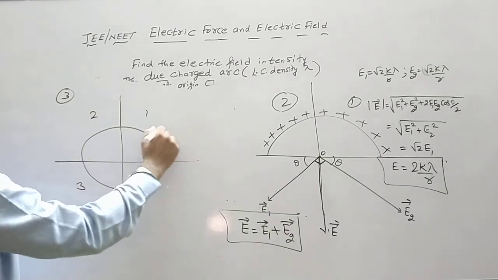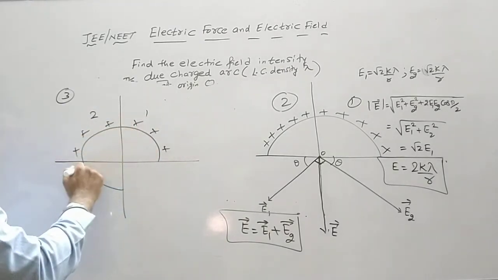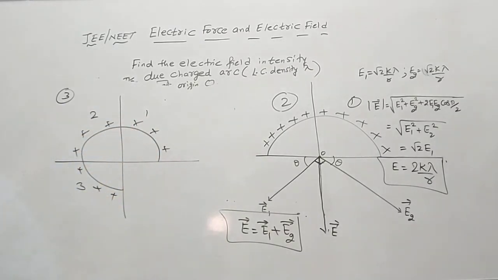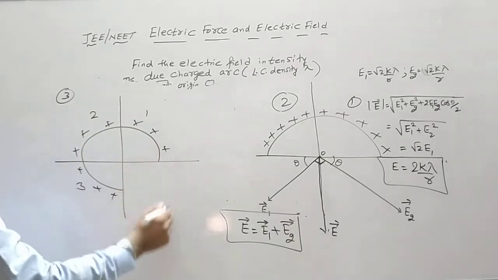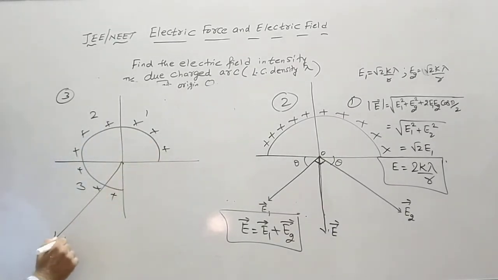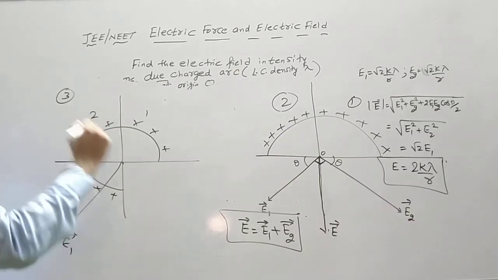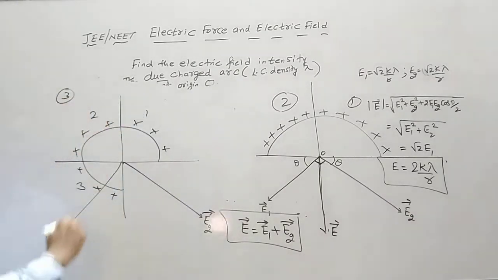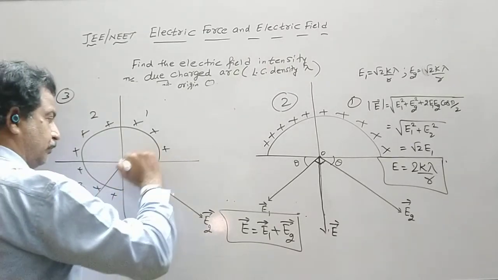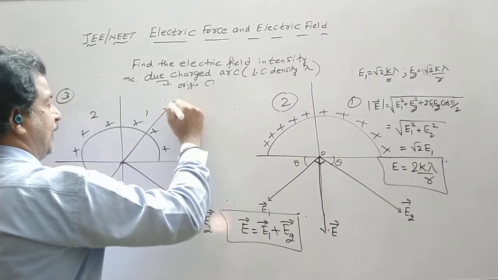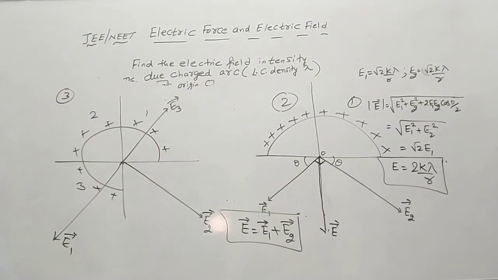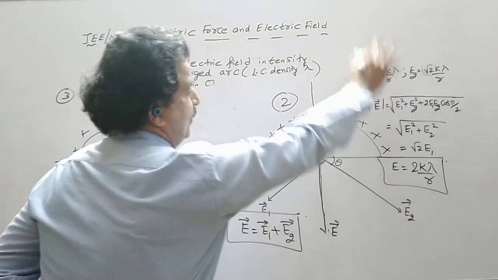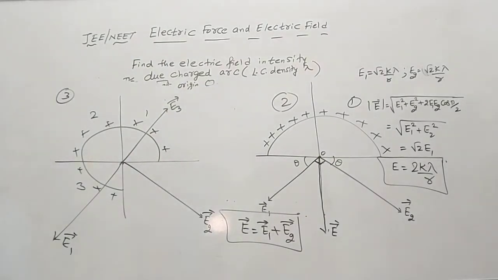Again the linear charge density is lambda. Now due to this one that we have proved, this is your E1. Due to this, that is E2. Due to this 3, this is your E3. Now the E1, E2, E3 magnitude is root 2 k lambda by r.